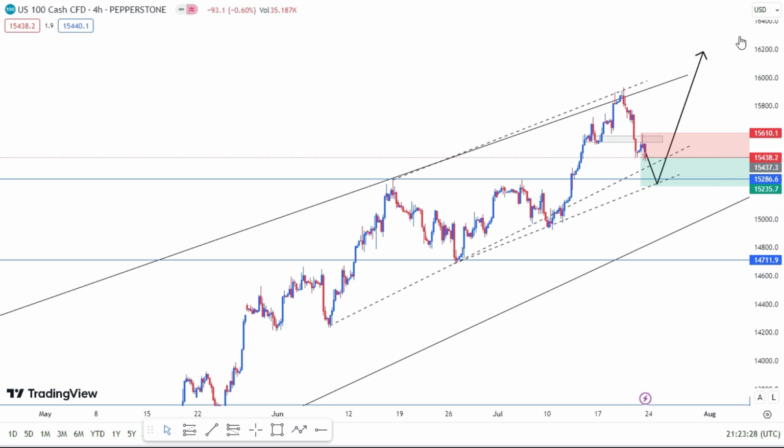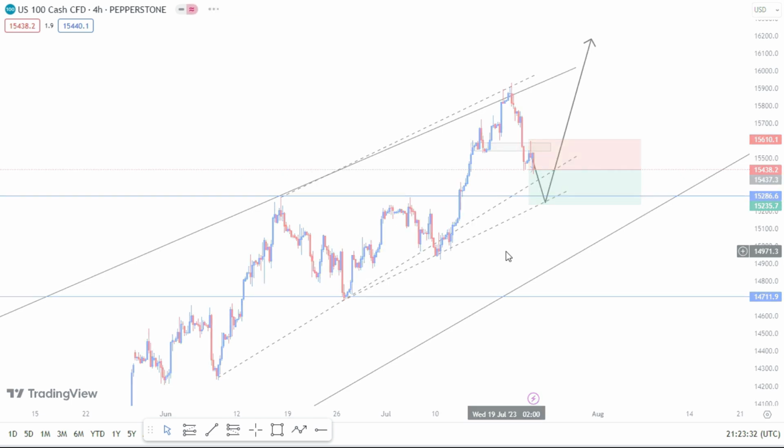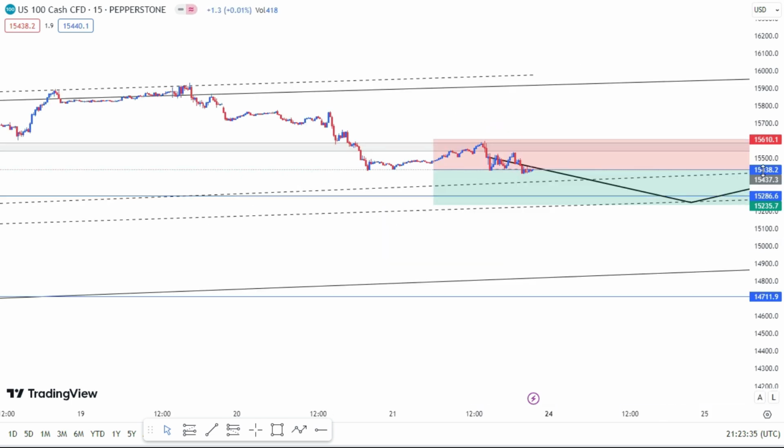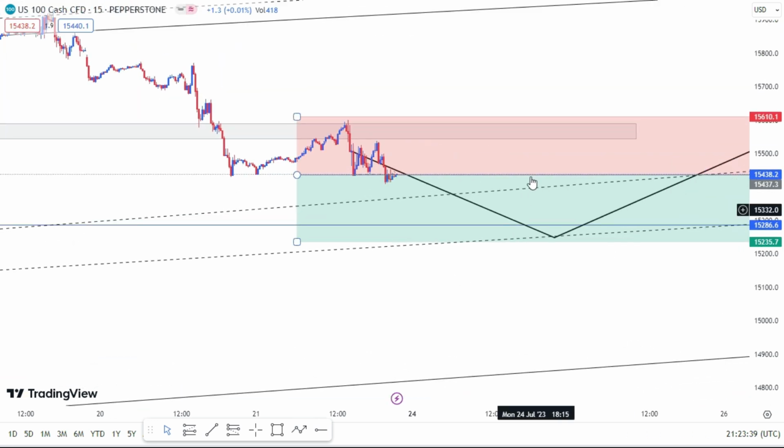If you want to take a risk, it's fine, you can. Because if we move to the 15 minutes time frame, you'll see that there's a lot of peeps, to be honest, especially on a pair like NAS100. But the question is, are you willing to take the risk? Because the risk is something else.